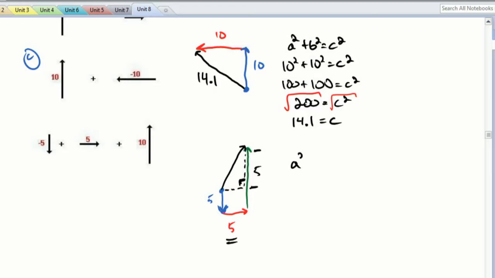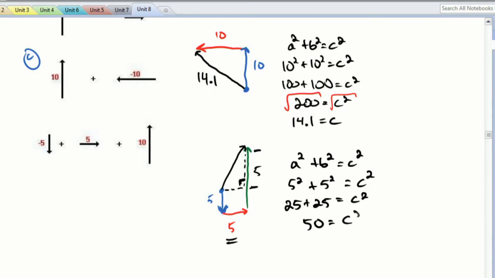So if I have my Pythagorean theorem, I kind of have to decipher a little bit where my triangle actually is. I'm just kind of adding one in there. So I'm going to get 5 squared plus 5 squared, 25 plus 25, c squared, 50 is c squared. And then I'm going to take the square root of both sides.